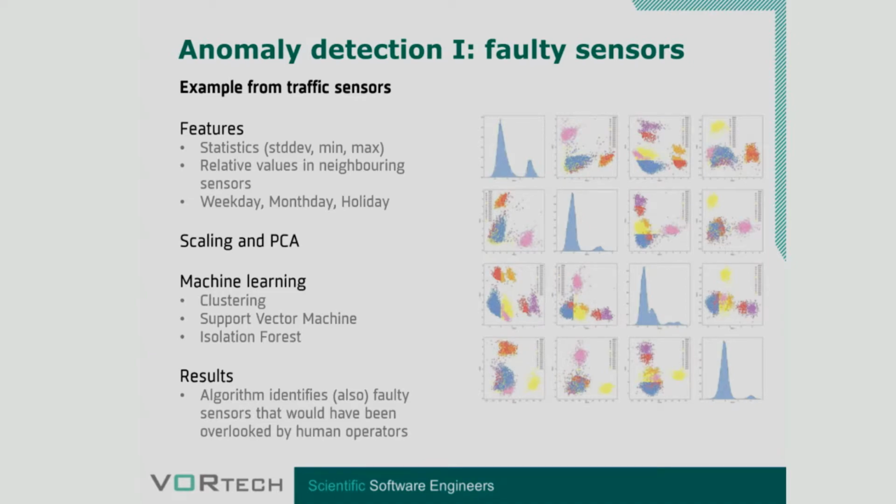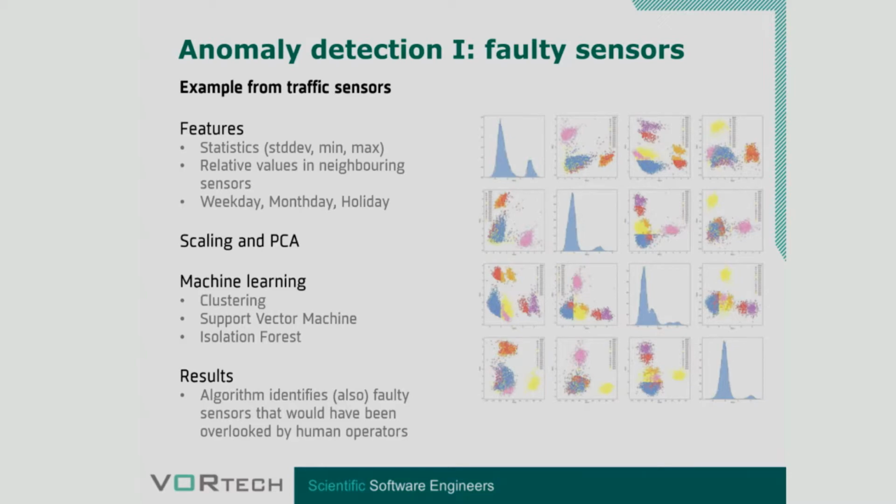Well, and then we did the right thing, of course, a good scaling and a principal component analysis to remove any correlations that may hamper the development. And then we applied several machine learning algorithms to see which one works best. A couple of supervised methods, but the problem there was that we had very limited label data.